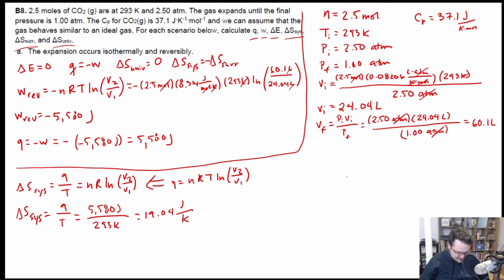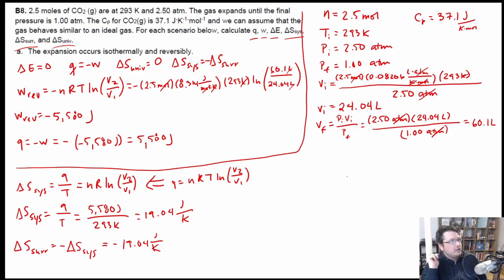So that's the delta S of the system. Delta S of the surroundings, we know that's going to be equal to negative the delta S of the system in this specific scenario. So all we have to do now is just take negative 19.04 joules per Kelvin, and that's done. So we've calculated everything.